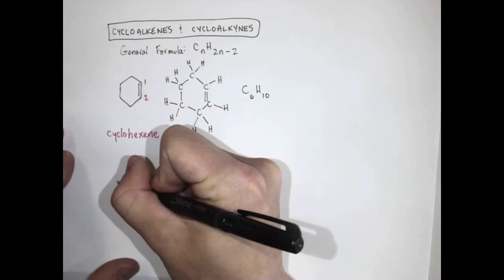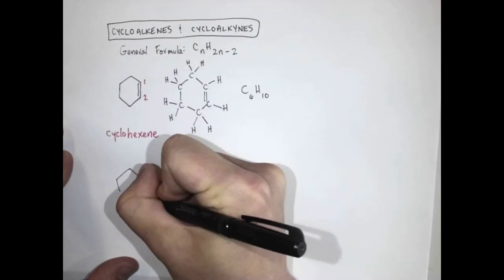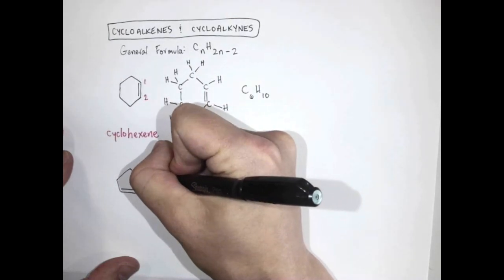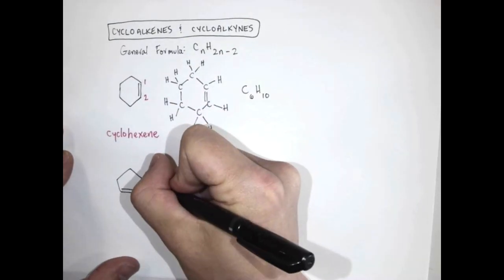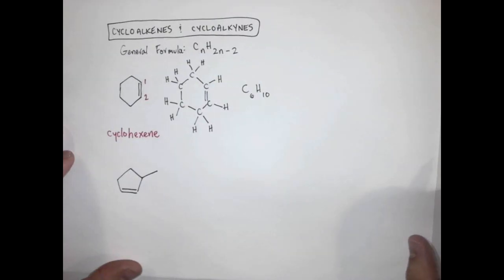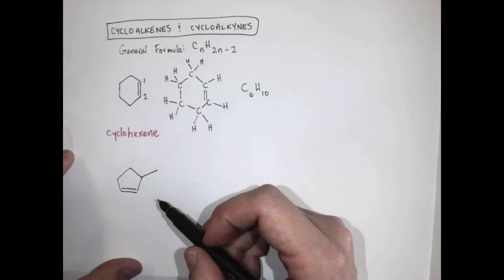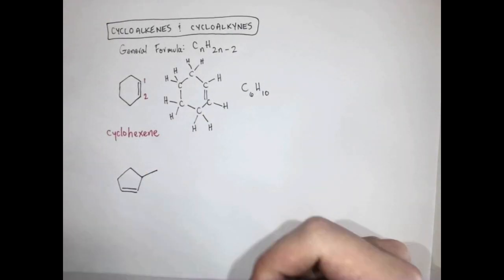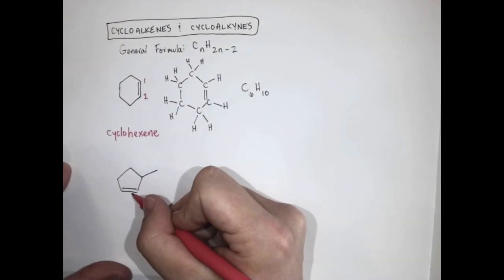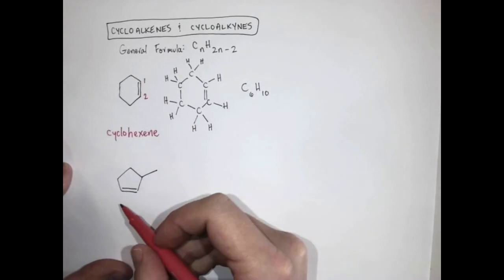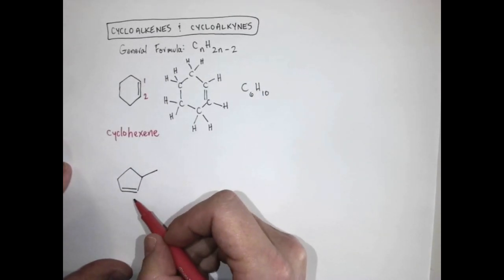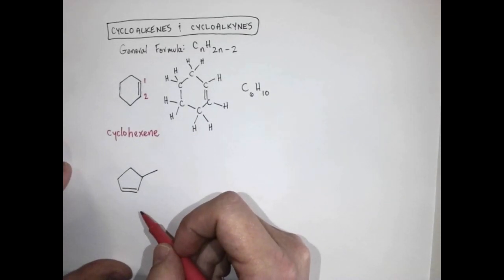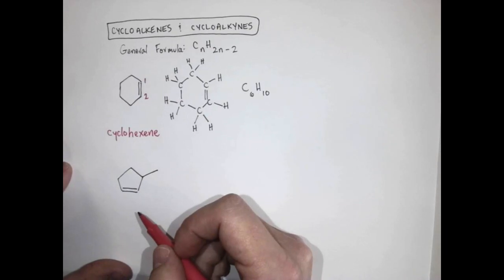So let's do an example like this. Imagine we have a cycloalkene that looks like this. If I were to name this, I would need to start numbering my carbons such that the double bond goes through carbons 1 and 2, and then any branches on the molecule get the lowest possible number.